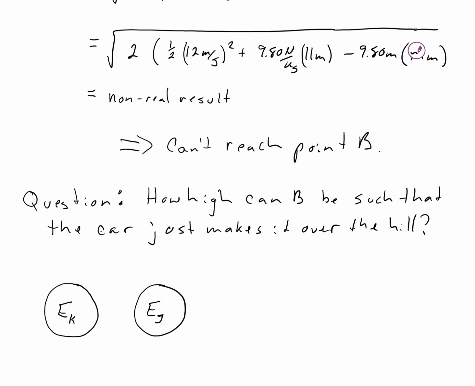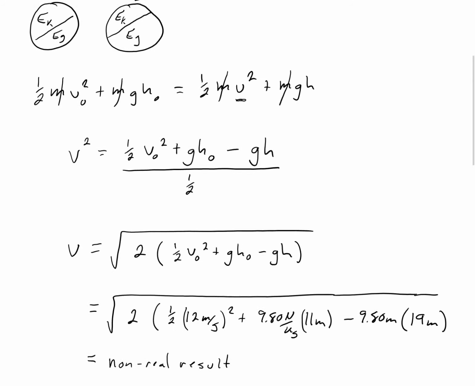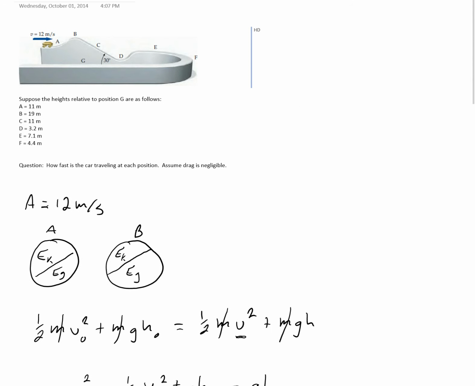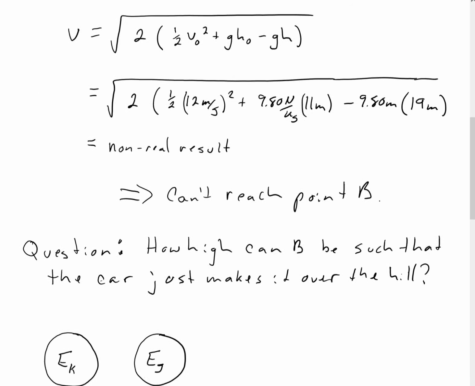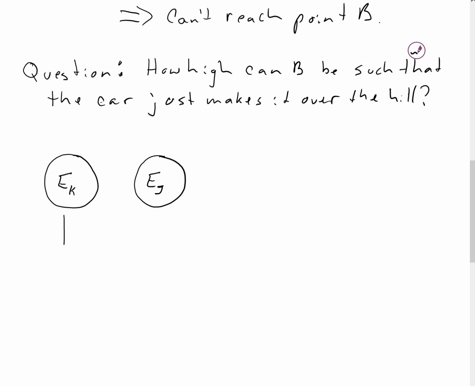Now to make this assumption, notice back at the beginning of the problem, I told you point A is 11 meters above what we're calling the ground. Well, how can I call A the zero gravitational potential position? What I'll do is just redefine A as 0. So I'm making A the new 0 potential.